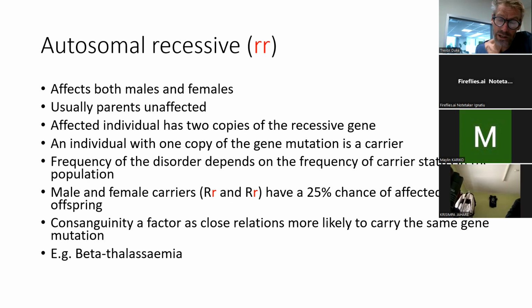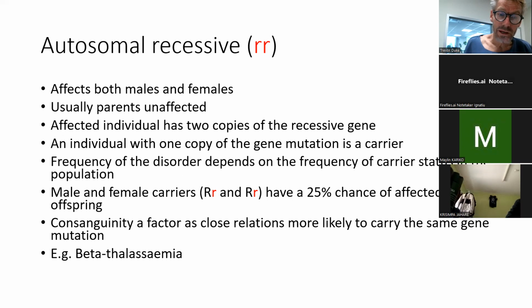And so, as you know, the frequency of the beta thalassemia carrier status in some populations in the Pacific is actually quite high. It's related a bit to malaria endemicity. So therefore, there's a much higher prevalence of that disorder because there's a lot of carriers within the population.